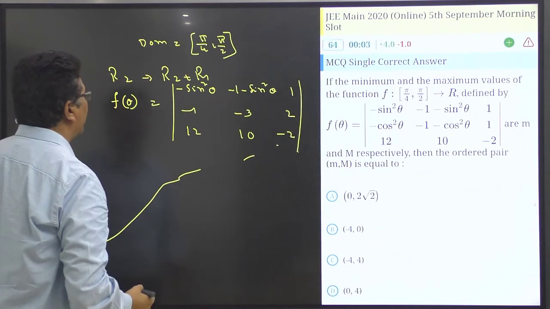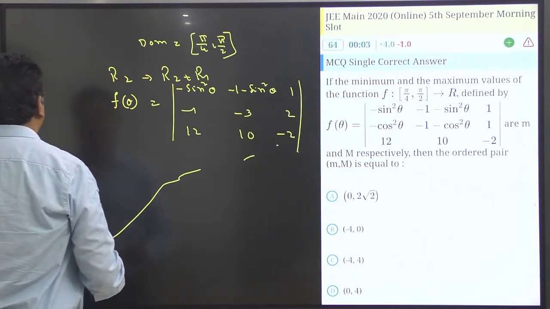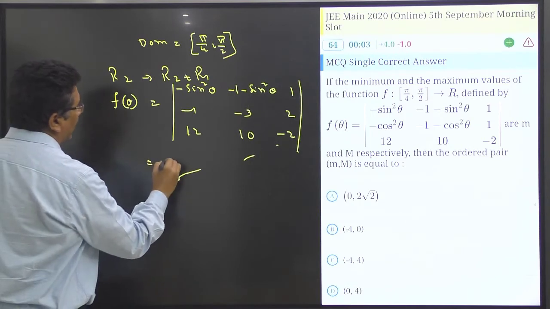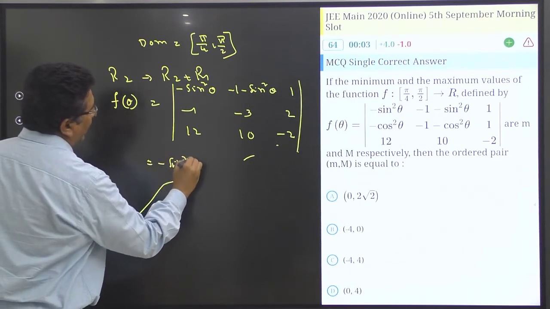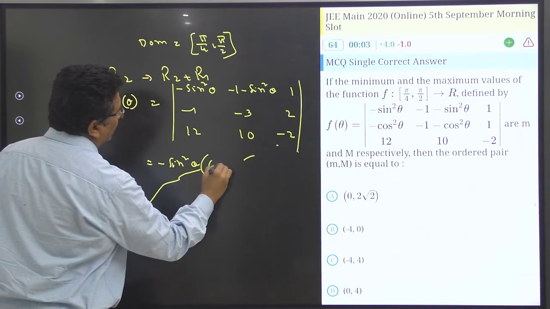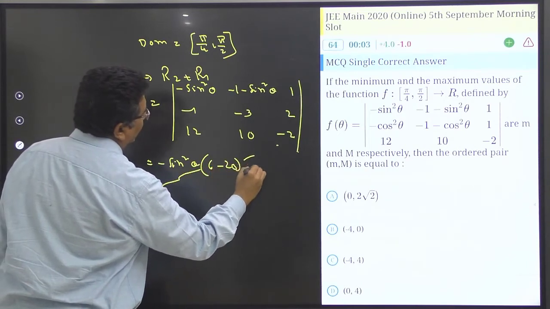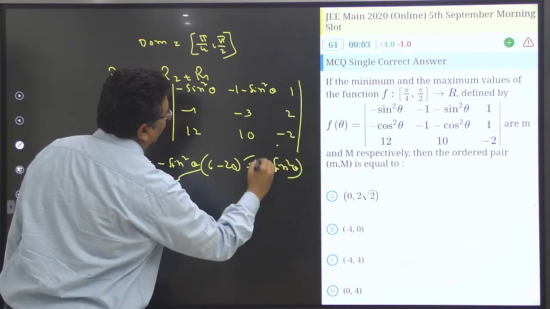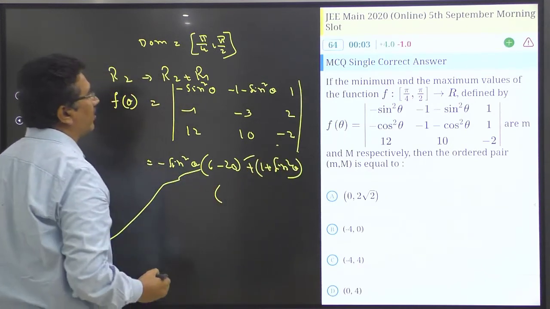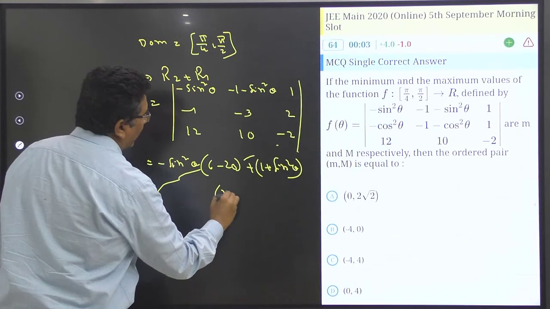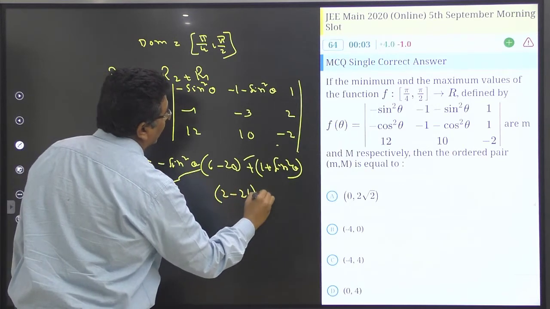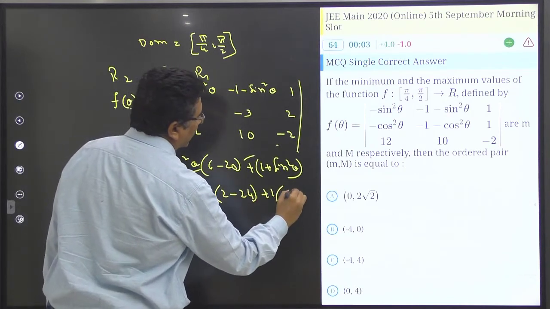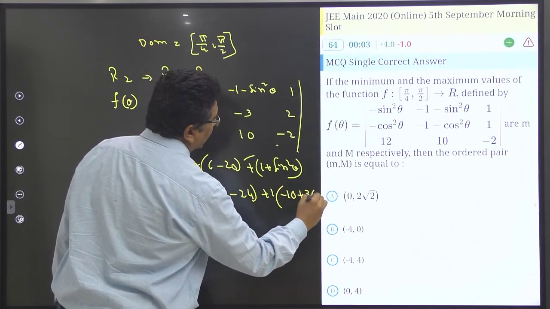Now expanding this determinant, that is equal to minus sine square theta into (3 twos are 6, minus 20) plus 1, plus sine square theta into (2 minus 24) plus 1 into (minus 10 plus 36).